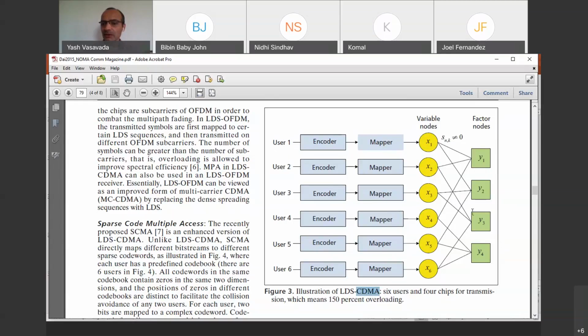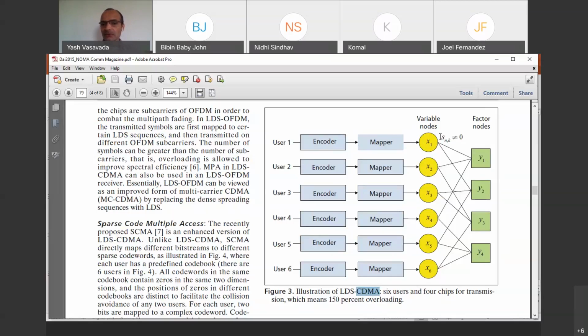So Y1 to Y4 are chips, and each symbol is getting spread over 4 chips. Now, in your study of Lab 4, you would have multiple users using different signature sequences, and those signature sequences are superimposed on each other.